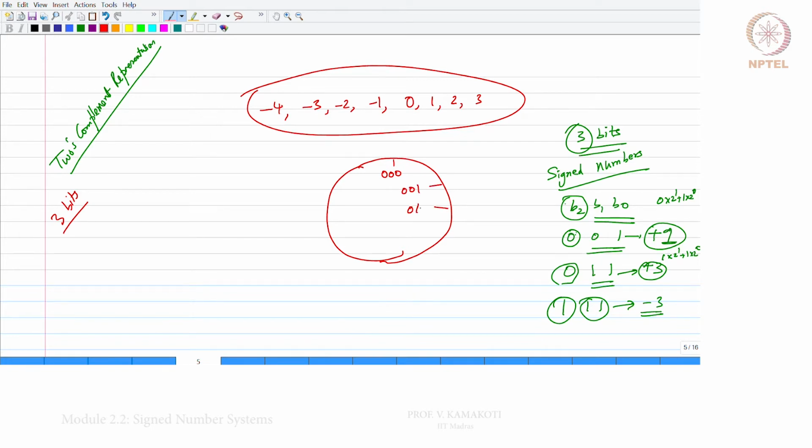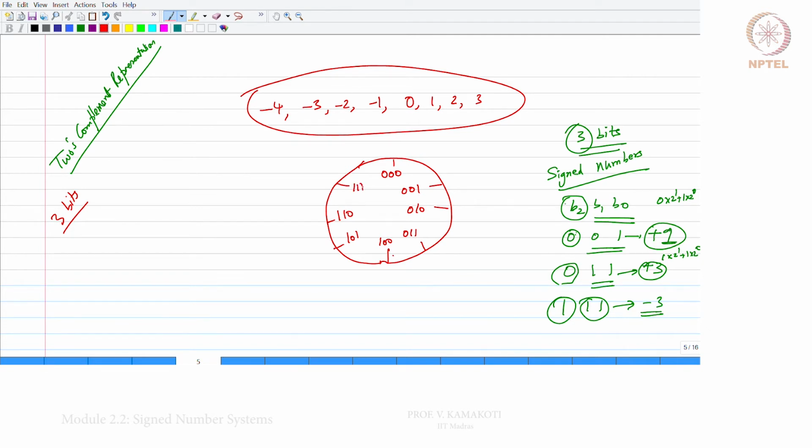3 bits all combinations I am writing: 0 0 0, 0 0 1, 0 1 0, 0 1 1, 1 0 0, 1 0 1, 1 1 0, 1 1 1.